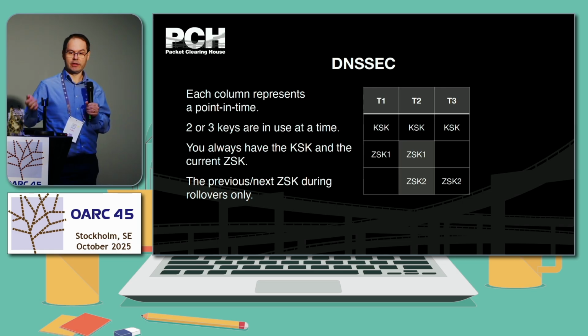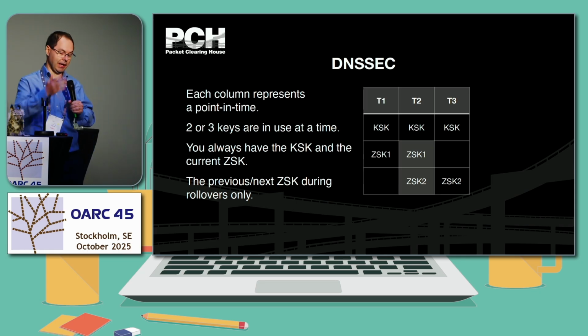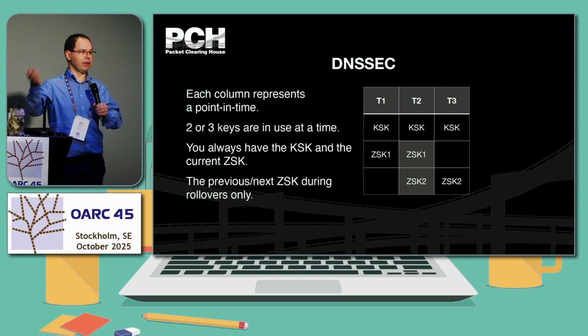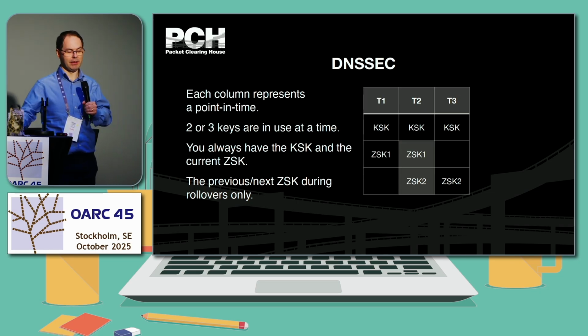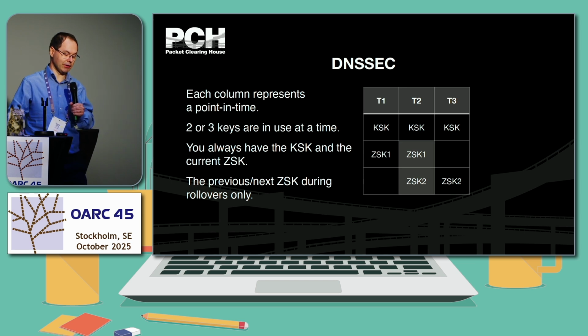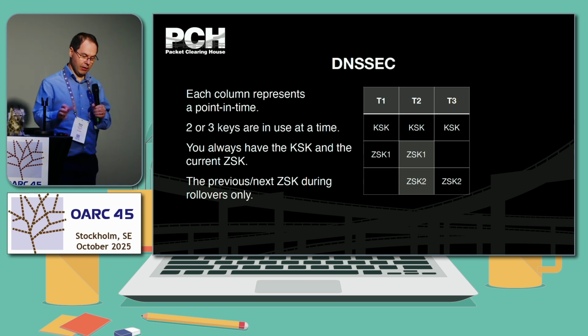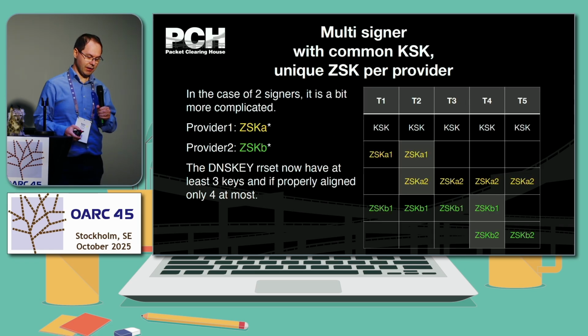When a ZSK rollover is happening, you have three keys listed. After the right timing, I mean the TTL, so that everyone's cache has the new ZSK, they can switch over to the new one. So there are 2 or 3 keys in use at a time.